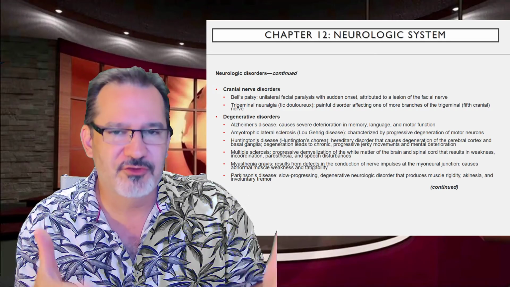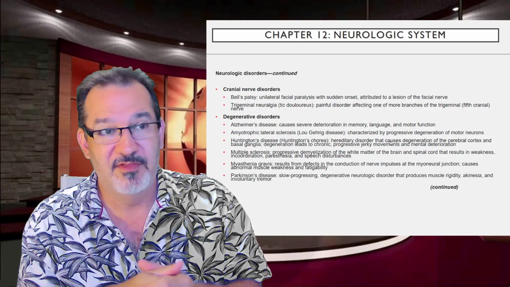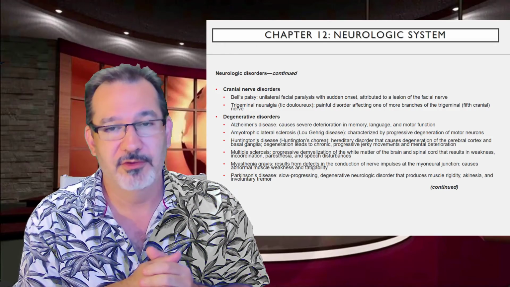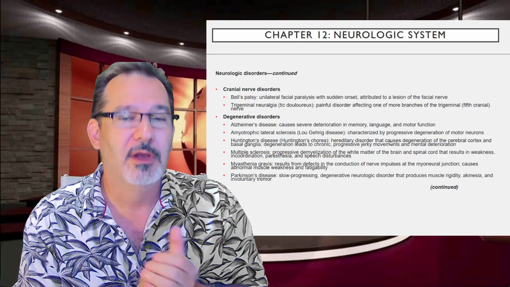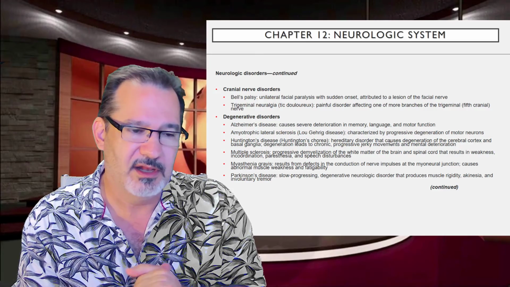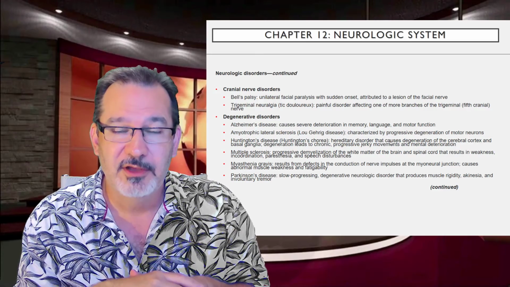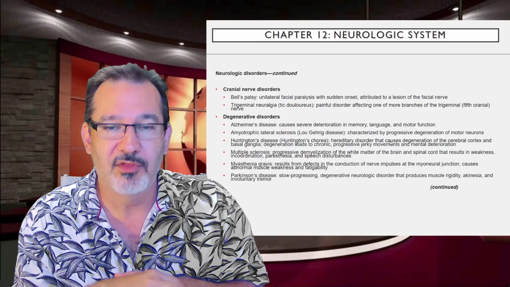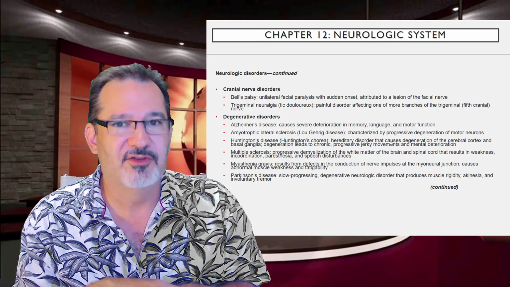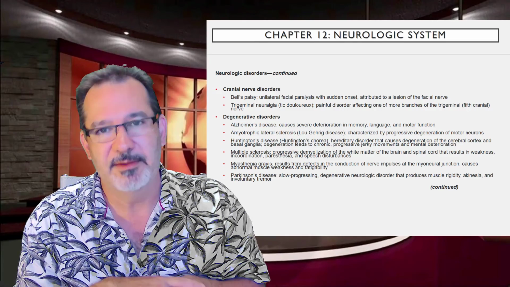And in essence, we watch the essence of that person literally just disappear. I'm sure many of you in class have experienced a family member, a loved one with Alzheimer's disease. It's an unpleasant experience for family.